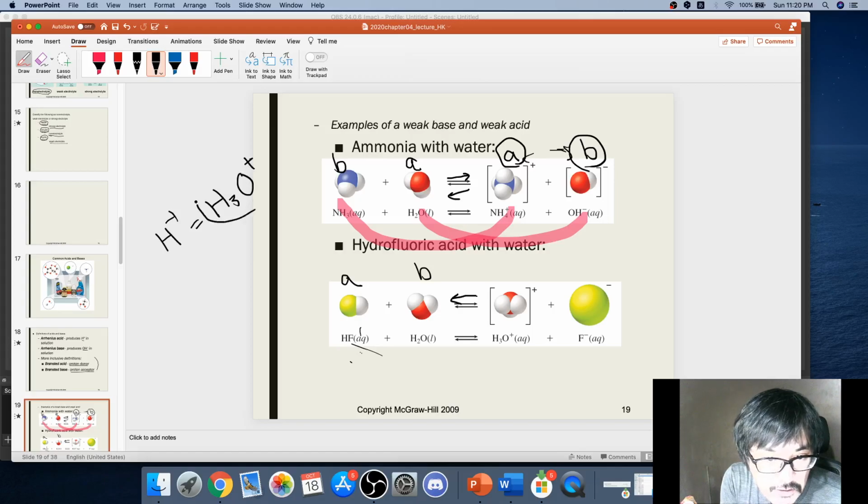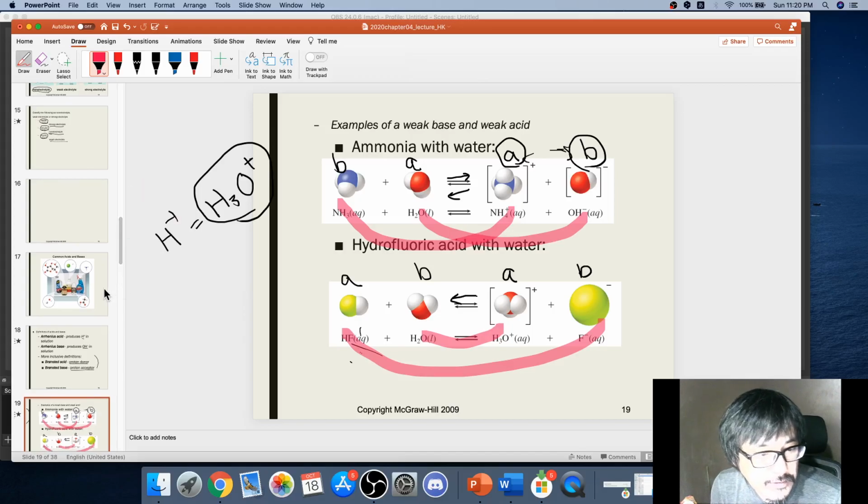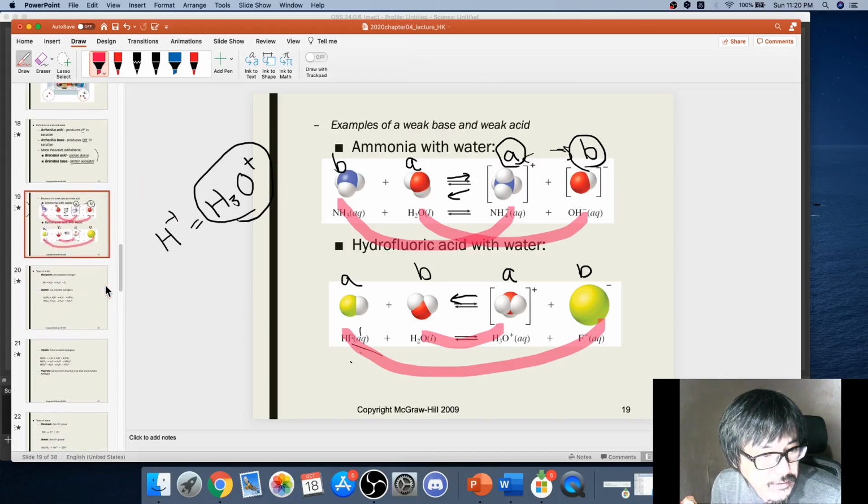It actually exists in the form of H3O plus. So H plus, H3O plus, it's the same thing. So the H3O plus is going to give off the H plus to become water, right? So that one is the acid, and that one is receiving, so it's the base. Acid-base pairs, once again, are this and that, and then this and that. Alright, so let's do the next slide.